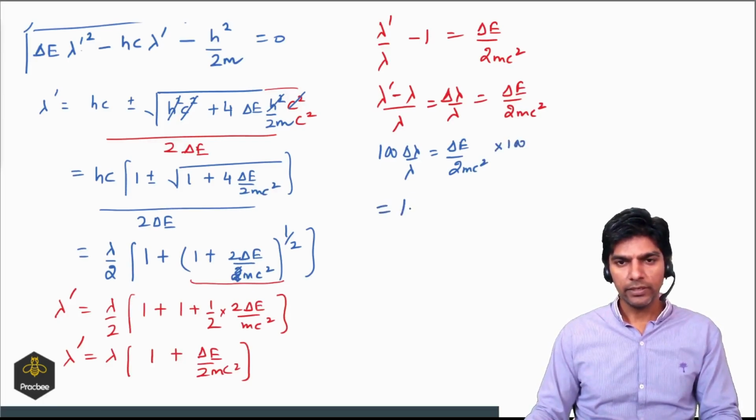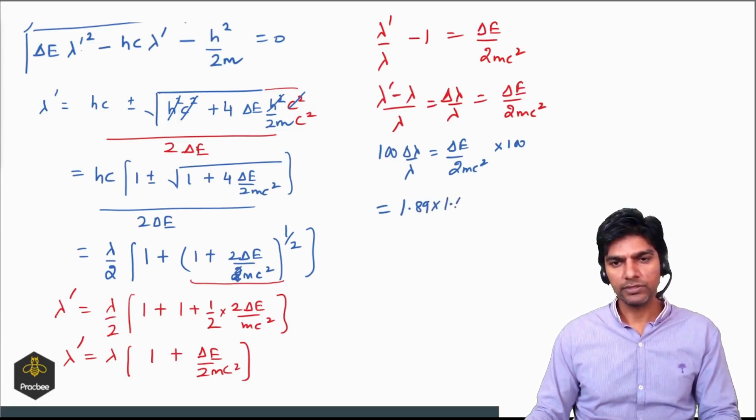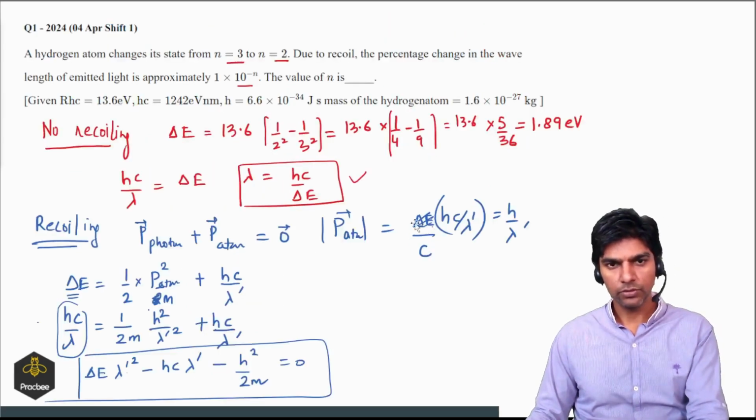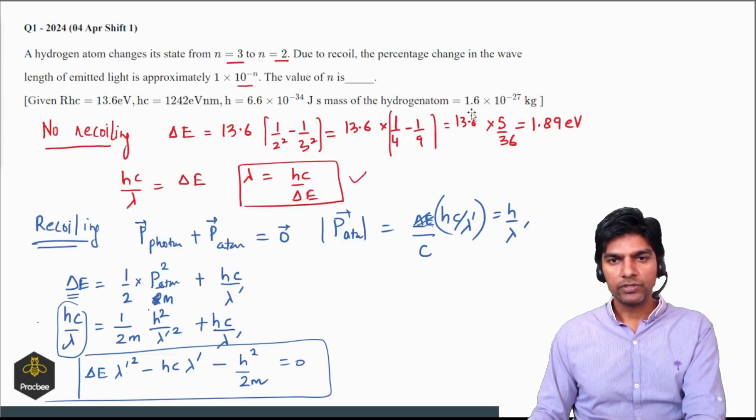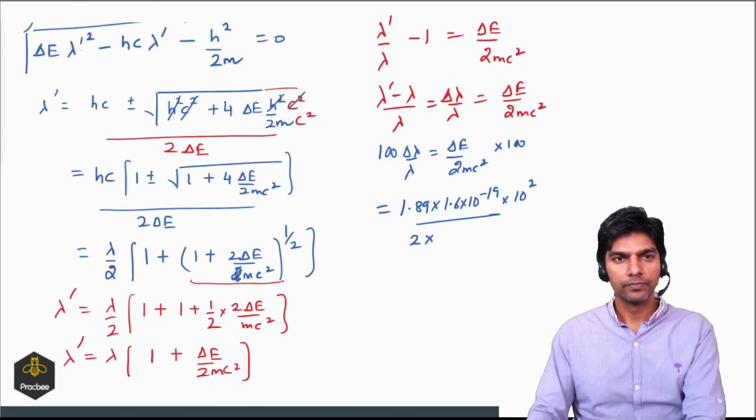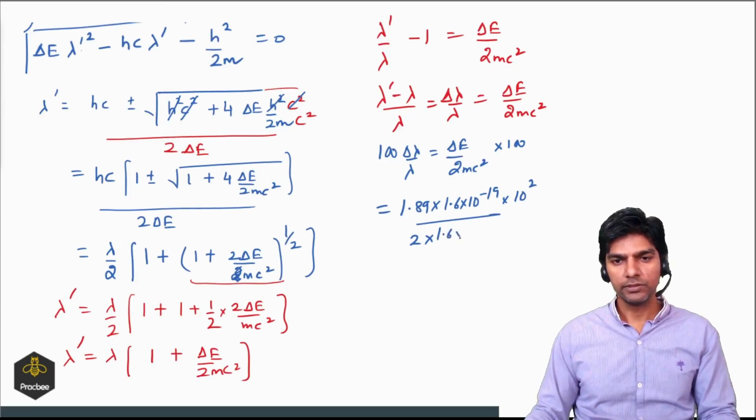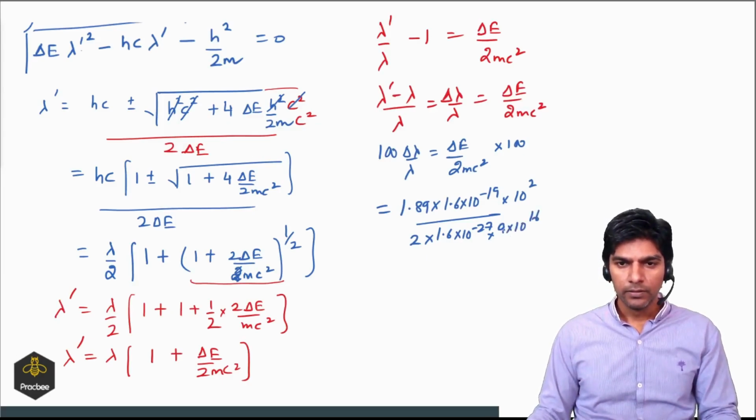So delta E is 1.89 into, it is in electron volts, so 1.6 into 10 raised to power minus 19, times 10 raised to power 2, divided by 2 times mass of the hydrogen atom, which is given as 1.6 into 10 raised to power minus 27. And c square will be 9 into 10 raised to power 16. So let us simplify this. So that will be 0.21. 1.6 will get cancelled out.